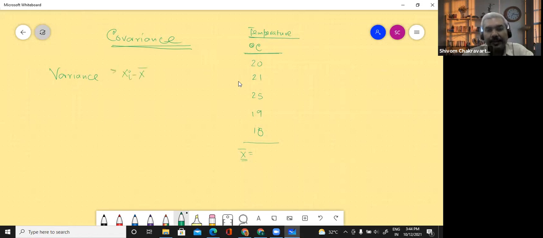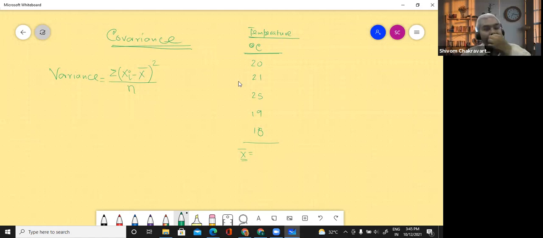Then we square these differences and take an average of the sum of those squares. So this is variance. Now it's only one variable.